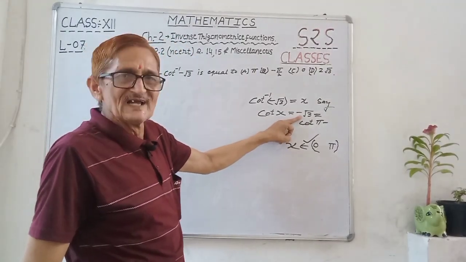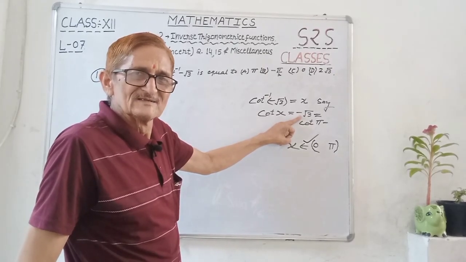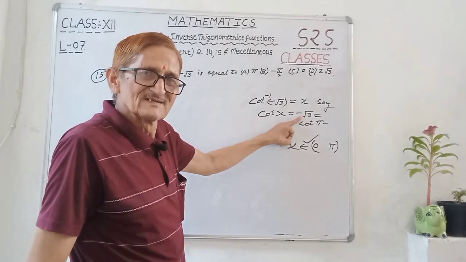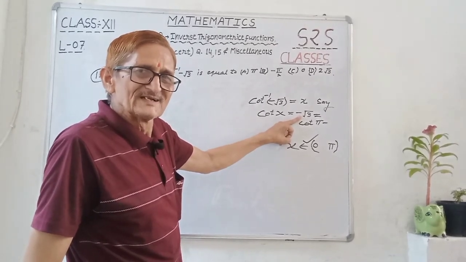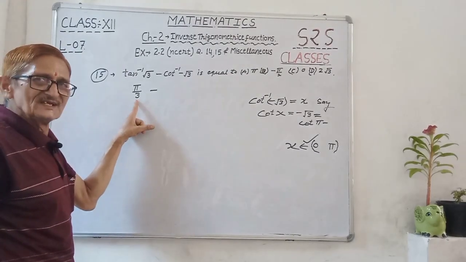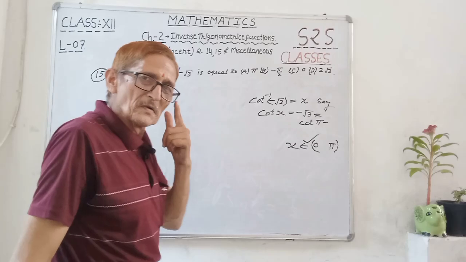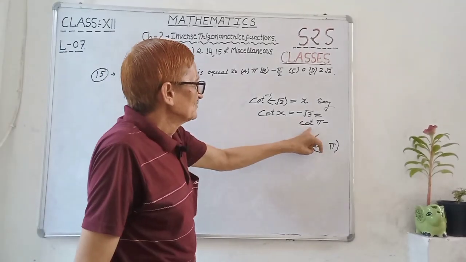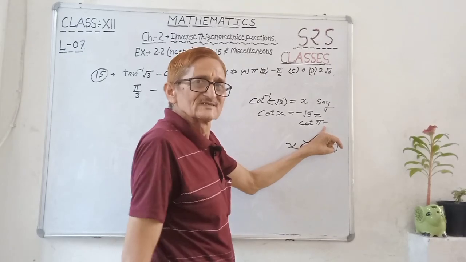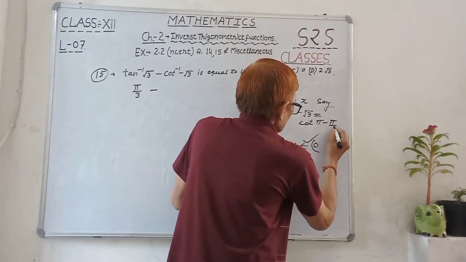Cot of how much angle is root 3? Cot 30 degree, because tan 60 is root 3. So 30 degree means pi by 6, so theta is pi by 6.